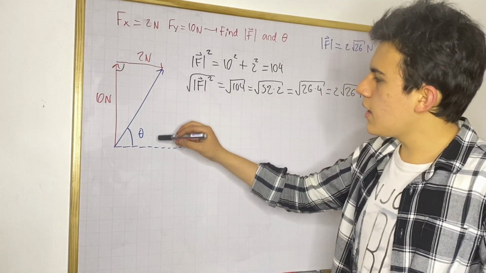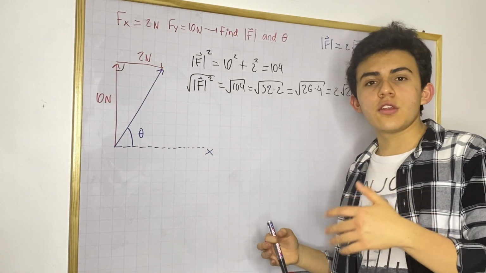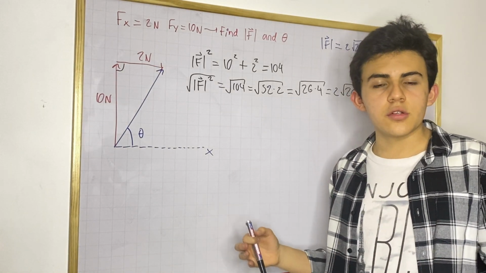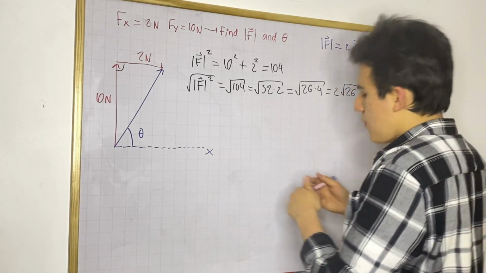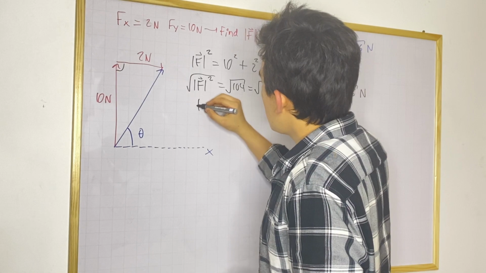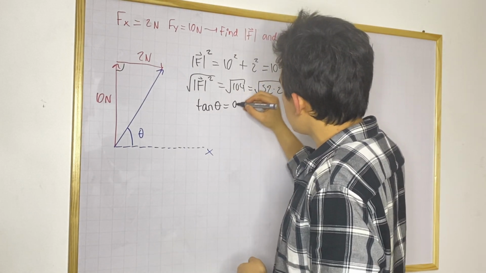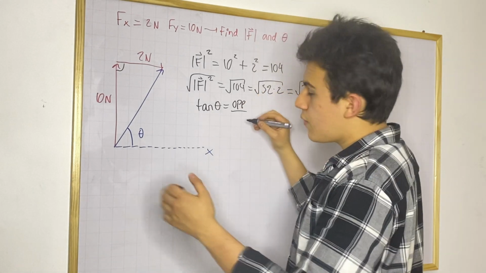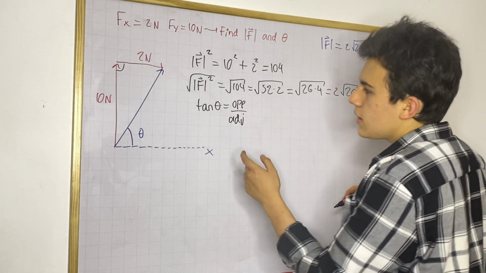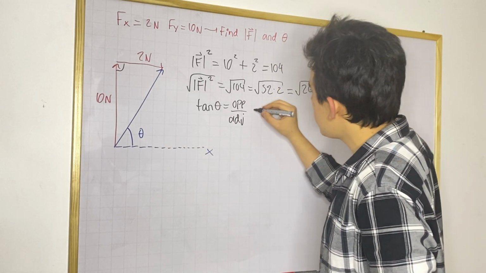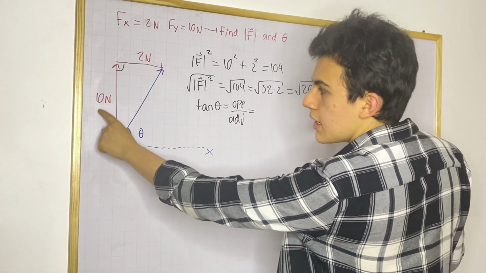If you need to find this angle right there, something you could do is try to use any trigonometric function. So for example, let's use tangent. So we know that tangent of any angle theta is equal to the opposite side over the adjacent side. And now in this case, theta would have an opposite side of 10 newtons.